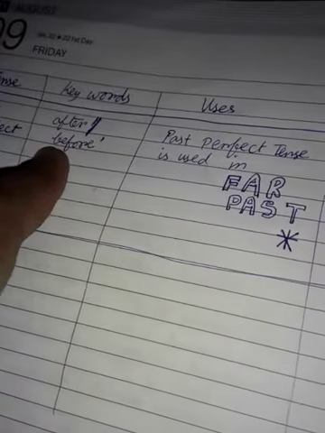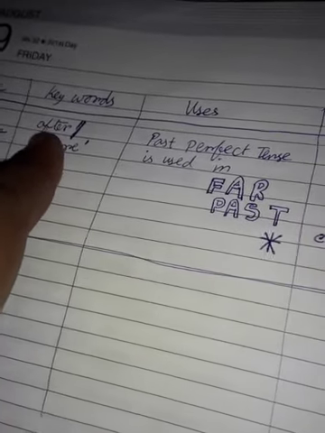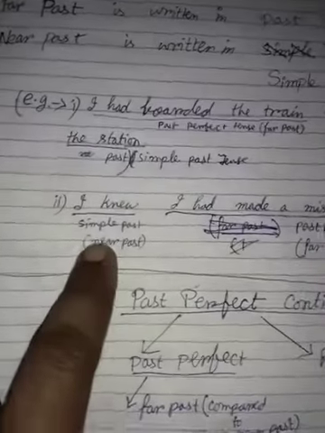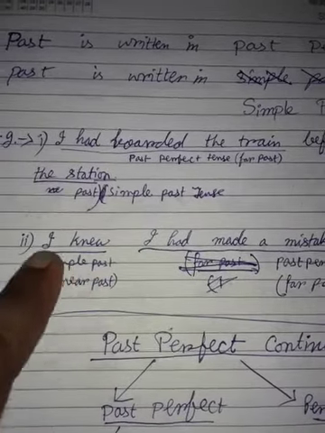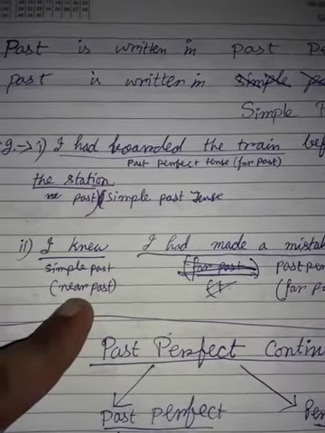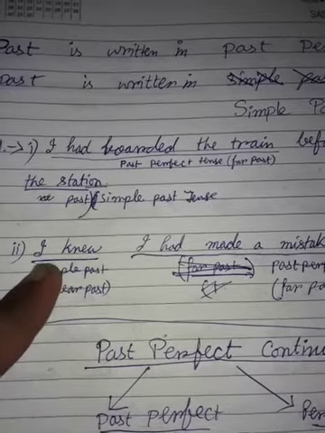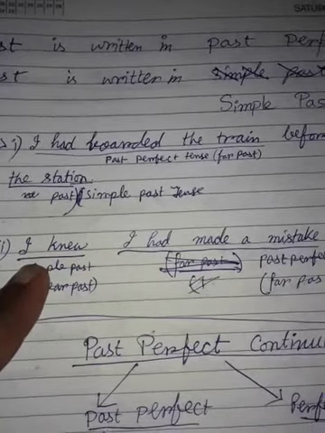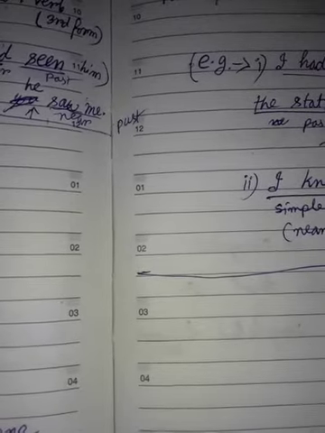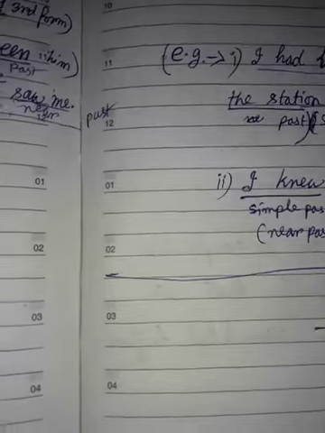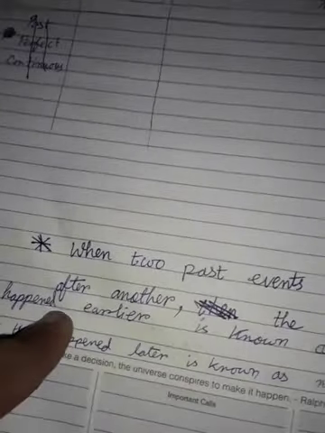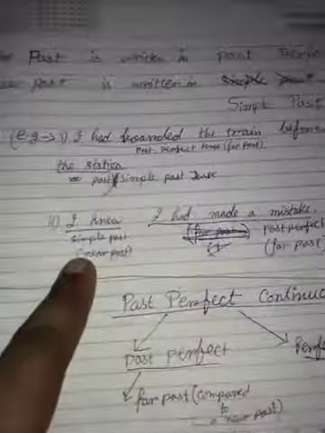So it is not always necessary that words like after or before will be in the sentence to make you understand that one event happened after or before another one.